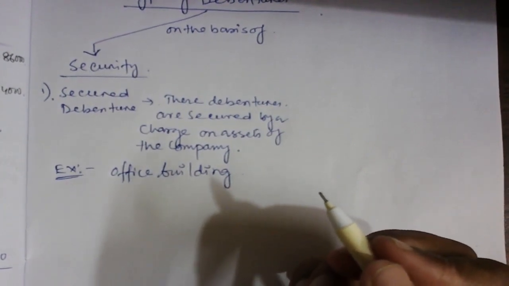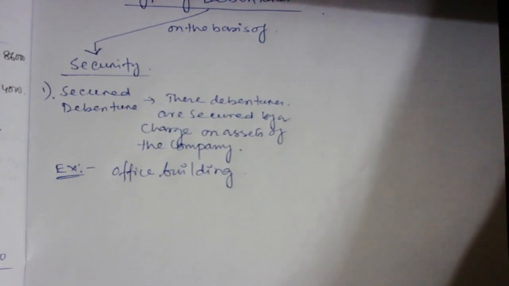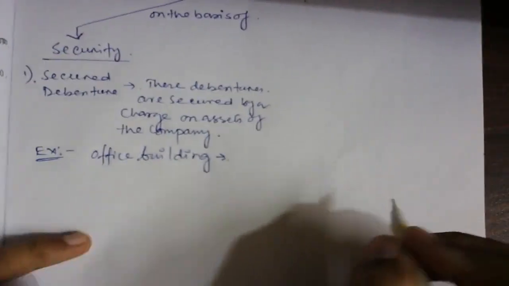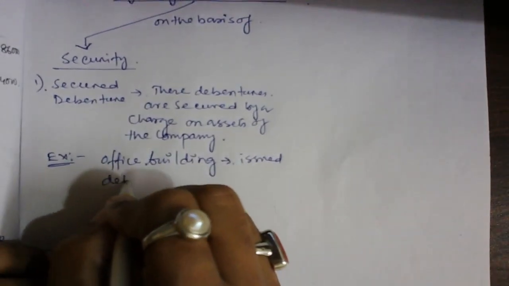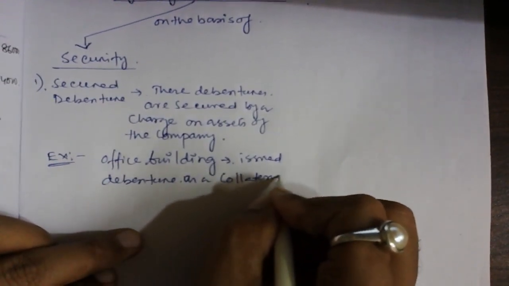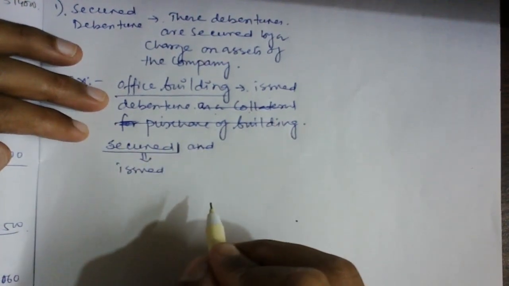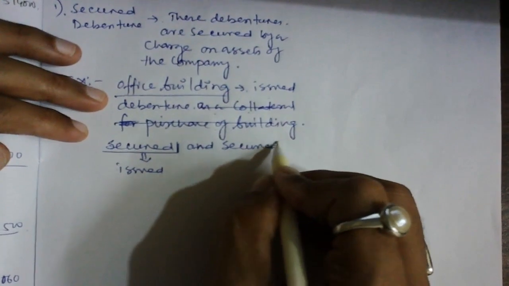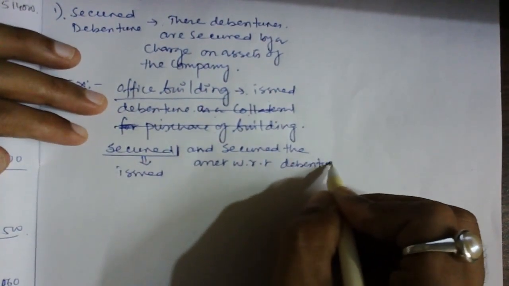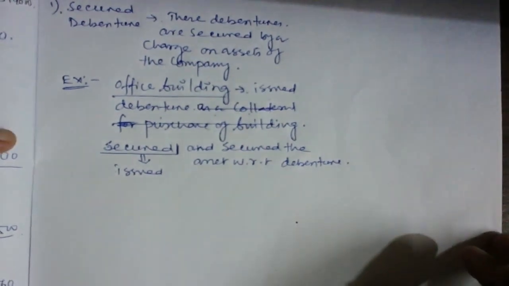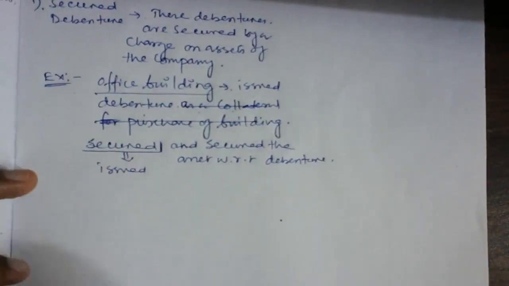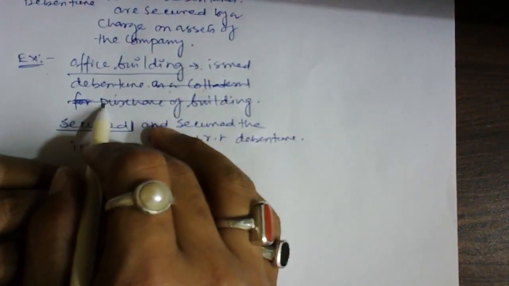And with respect to this office building, suppose we have issued a debenture, with the asset as a collateral, securing the debenture. Look, guys, what I wrote. Let me explain this a little fresh. The company had issued a debenture.